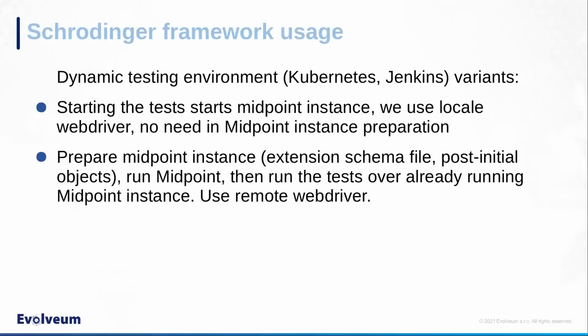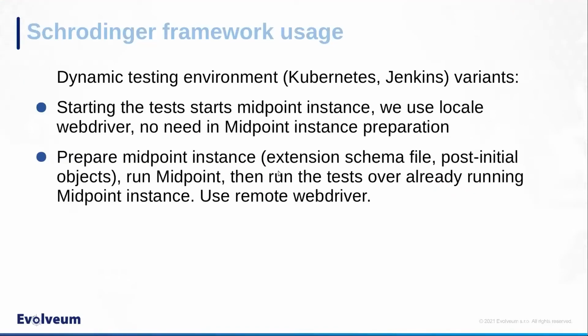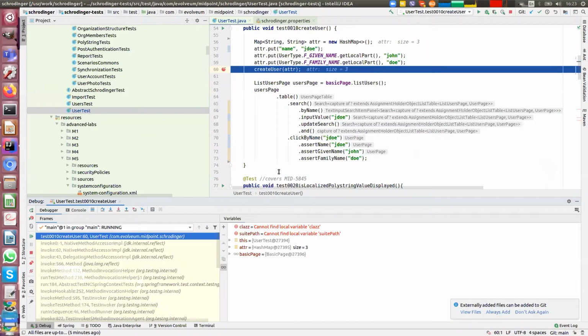So we are trying to test MidPoint in different conditions, in different test environments, with different browsers and with a different set of objects at the start. So let's return to our test.